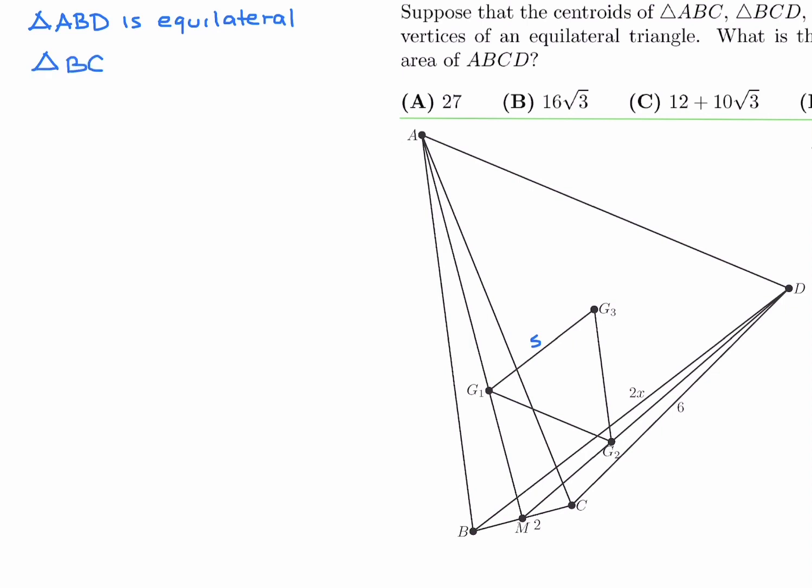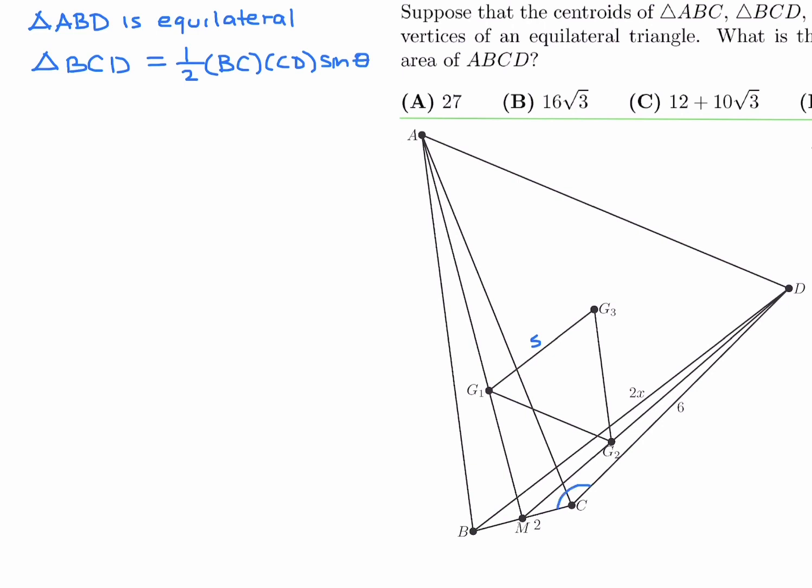Now let's look at triangle BCD. B, C, and D, that we can figure out the area, at least part of it, using a formula that a lot of you know, 1/2 base times height. But in this case, it's not a right angle. So because it's not a right angle, we have to multiply it by the sine of theta, which in this case is this angle right here.